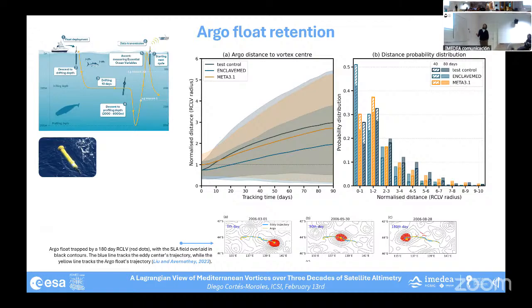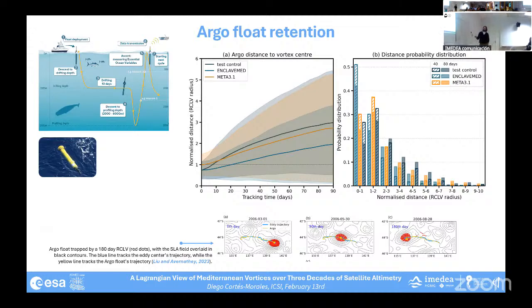So we have identified the Argo floats inside these structures, both Lagrangian and Eulerian vortices, and we have checked the distance between the center of the structure and the position of its Argo float through time, normalized by the Lagrangian vortex radius.